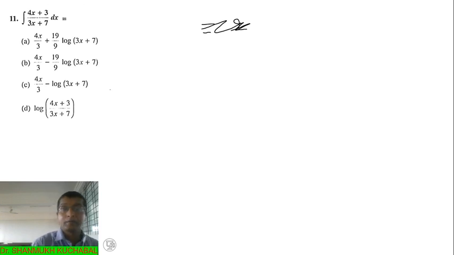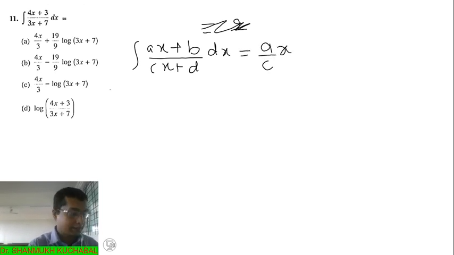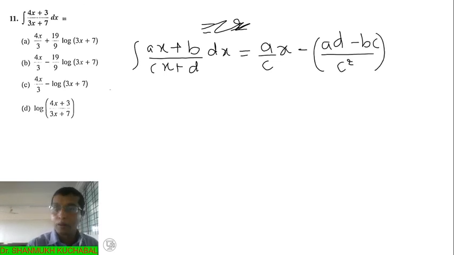Here I am going to use one trick: integration of ax plus b divided by cx plus d times dx can be written as a by c times x minus (ad minus bc) divided by c square times log of cx plus d.